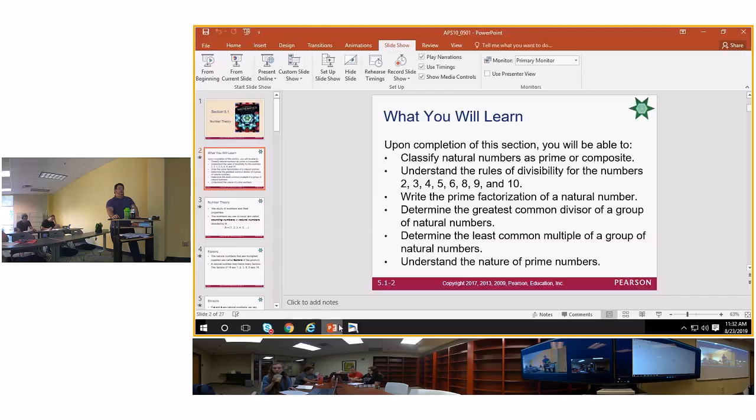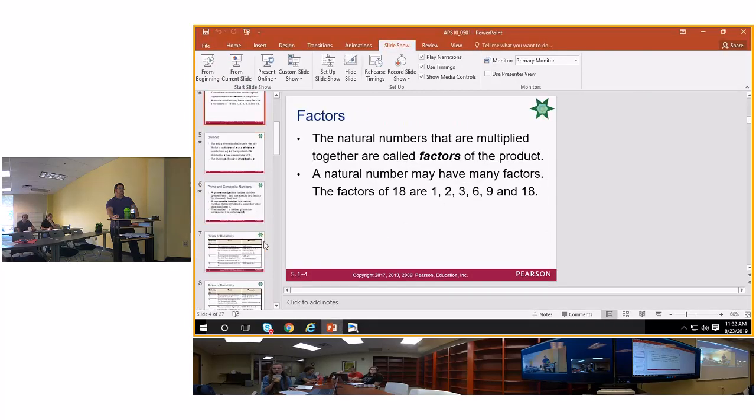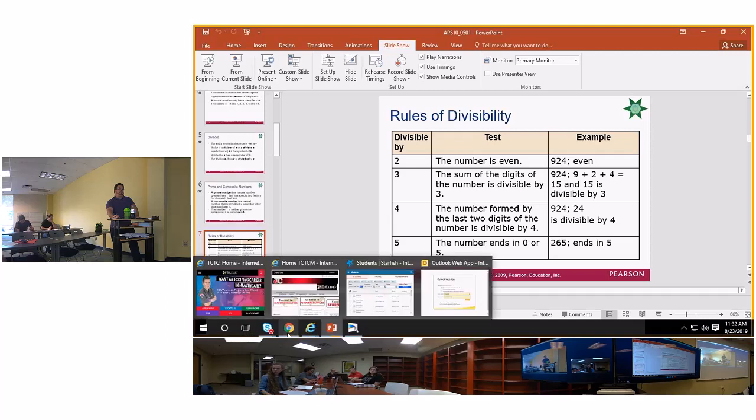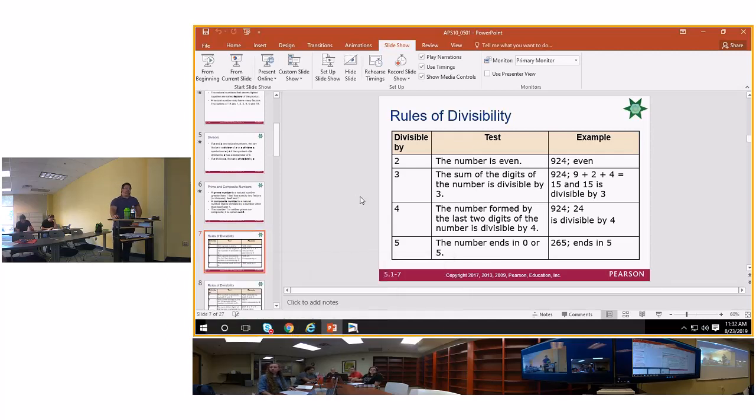Let me go to the PowerPoint, see if they have it. There they are. There's the first rules on page. Let me see if it comes up on it. No, the book is still working. So go ahead and draw a little bit of a chart. We're going to go all the way to 9 probably.